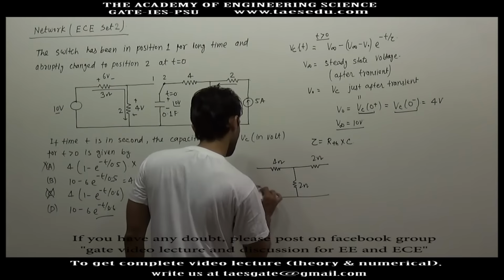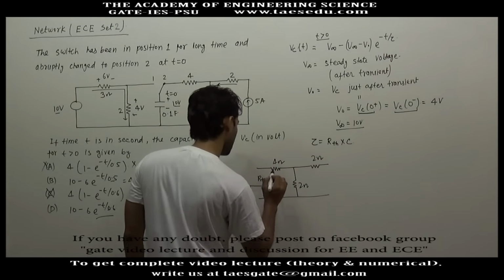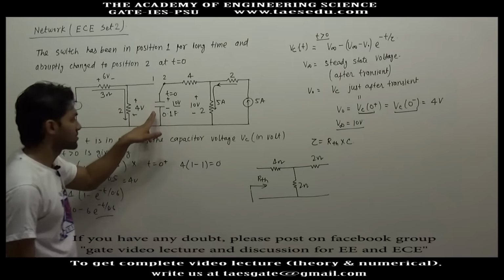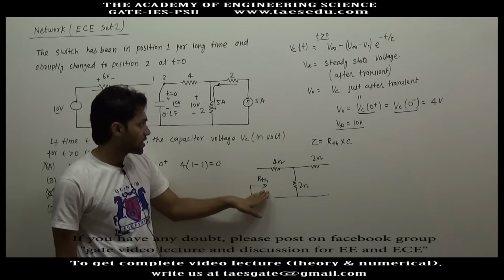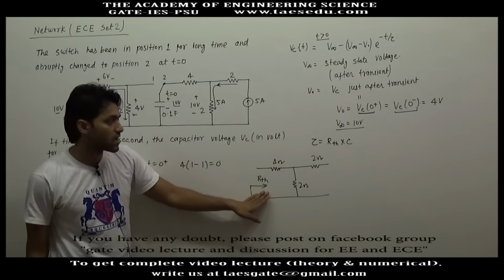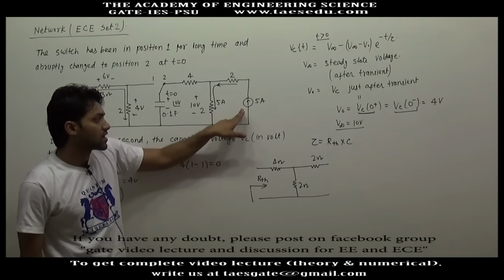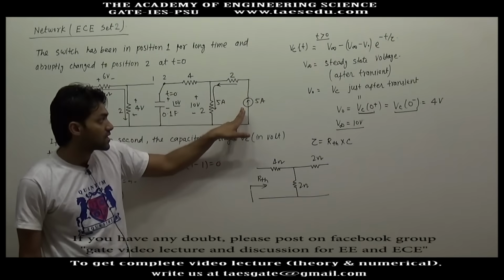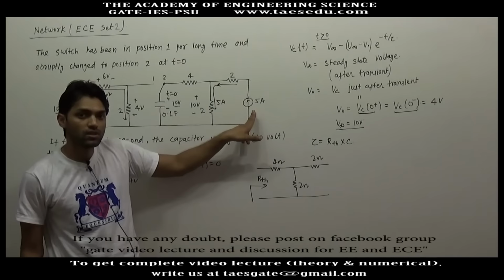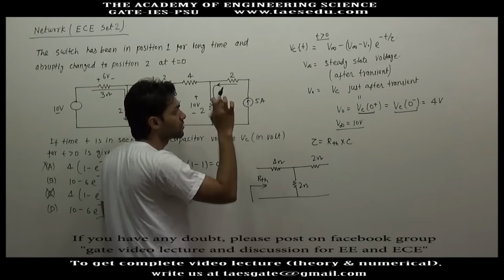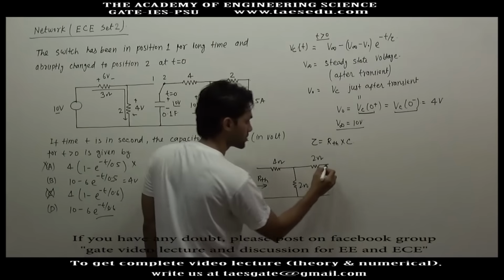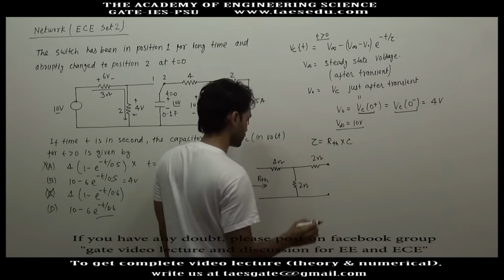While finding the Thevenin equivalent resistance, all the sources are deactivated. A current source has to be open circuited, and a voltage source would be short circuited. So the current source is left open circuited.